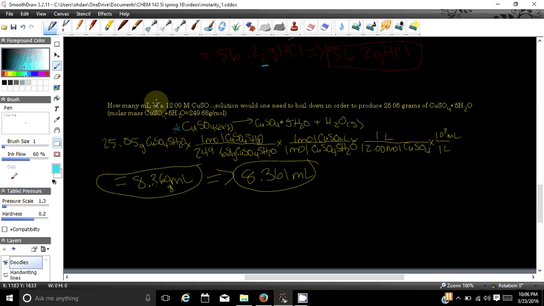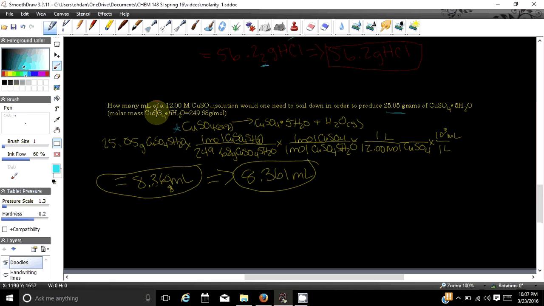So how many milliliters of a 12.00 molar CuSO4 solution, or copper 2 sulfate if you prefer to hear the name spelled out, would you need to boil down in order to produce 25.05 grams of CuSO4 pentahydrate? The molecular mass I gave you guys, which is 249.68 grams per mole.